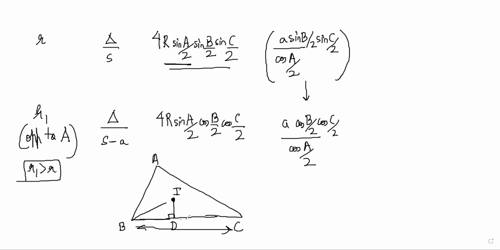If you do BD plus CD is equal to small a, you can write this angle as B by 2 and this angle as C by 2. You can say that R by BD is equal to tan B by 2. So R by tan B by 2 is equal to BD.